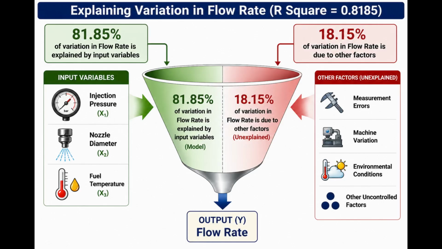That means 81.85% of the variation in flow rate is explained by these three input variables: injection pressure, nozzle diameter, and fuel temperature. The remaining 18.15% variation is due to other factors that are not included in this regression model, such as measurement error, machine variation, environmental conditions, and other variations.